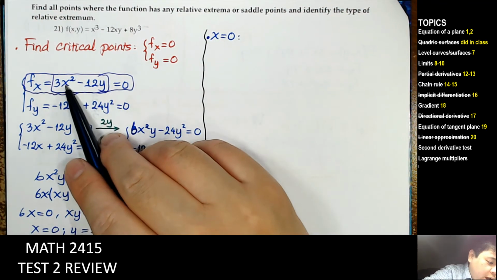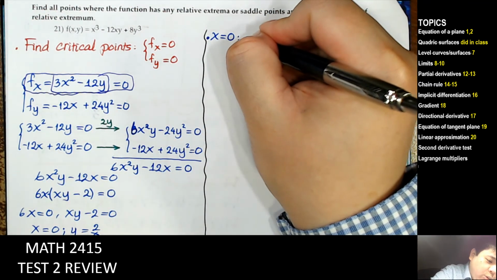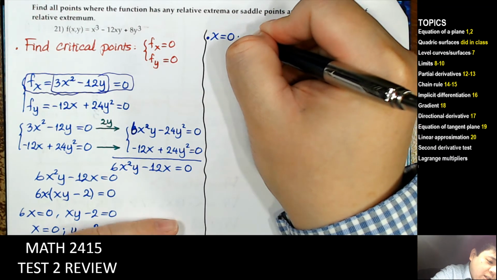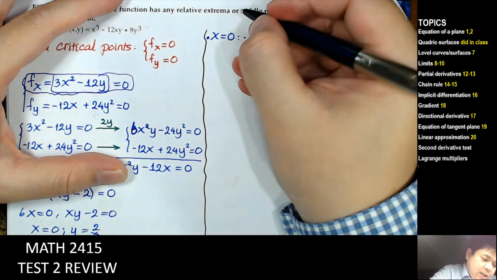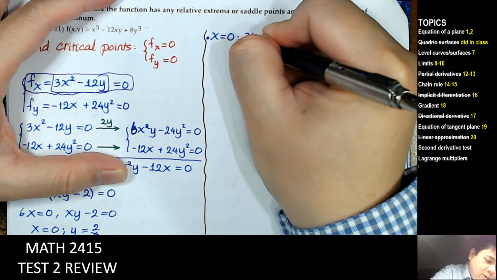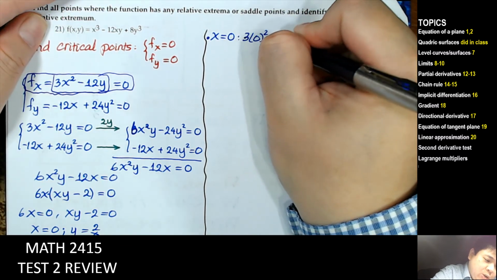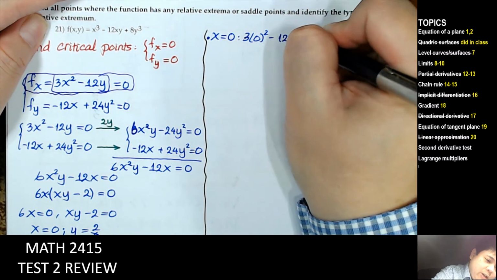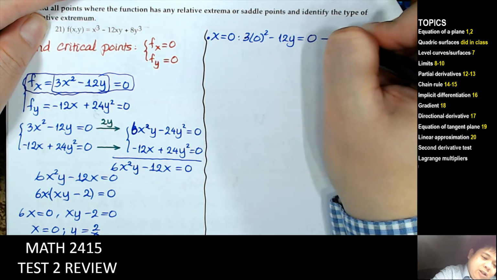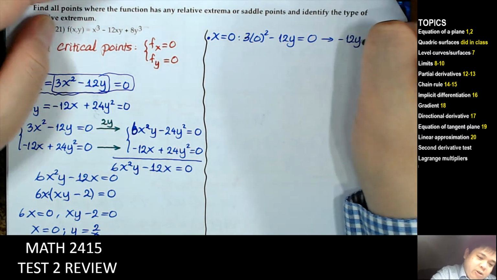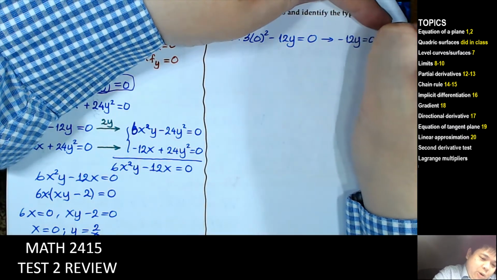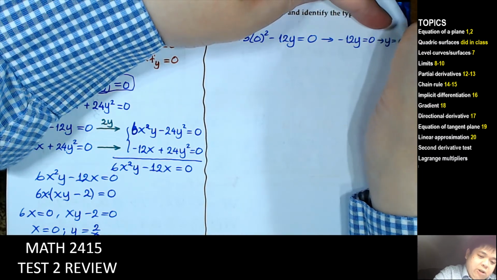Put 0 in for x: 3 times 0 squared minus 12y equal to 0. So that gives us negative 12y equal to 0, or y is equal to 0.